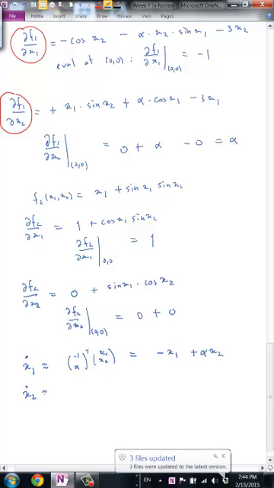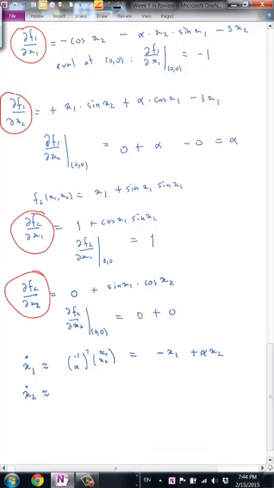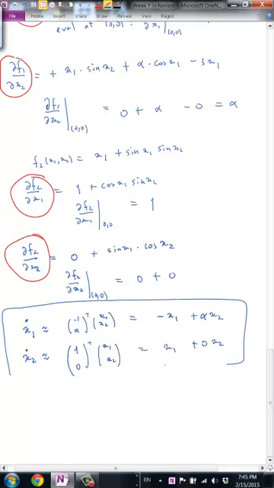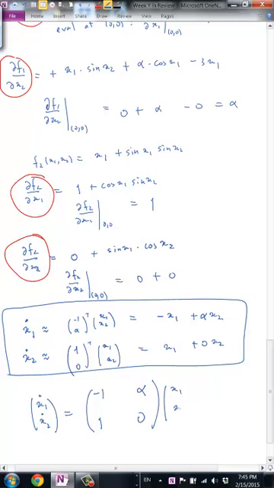And x2 dot is approximately equal to, I'm looking for df2/dx1 and df2/dx2, the gradient 1, 0 transpose times x1, x2, which is just x1 plus 0 x2. And you can see from here that we have our familiar x dot equals Ax: x1, x2 dot is equal to the matrix minus 1, alpha; 1, 0 times x1, x2.